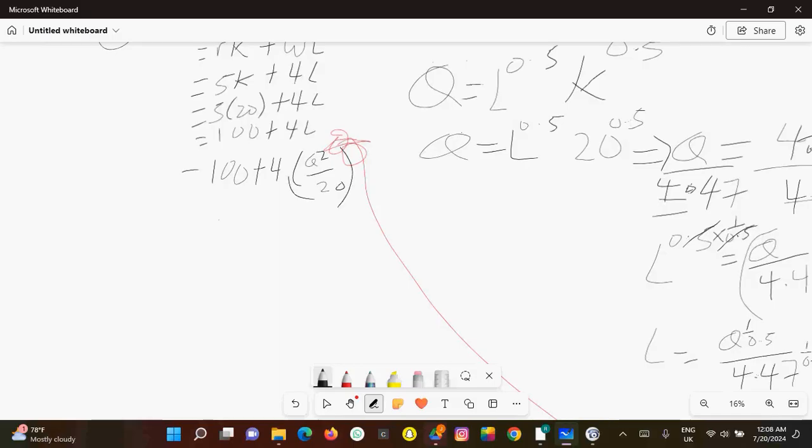If I simplify this to be 100 plus 4Q squared over 20, still under simplification, it's going to give me 100 plus 1/5 Q squared.